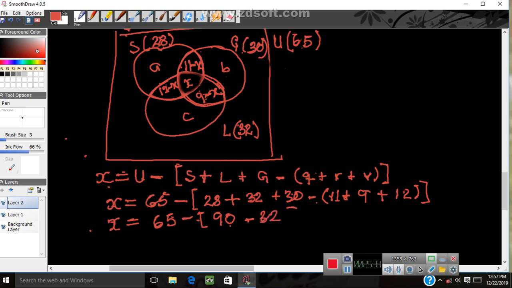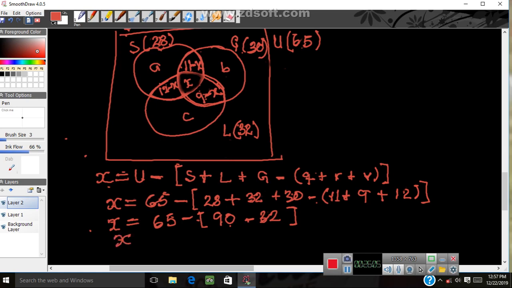If you take 30 from 90, you'll be left with 60. And if you take 2 from 60, you'll be left with 58. So bring my S down.